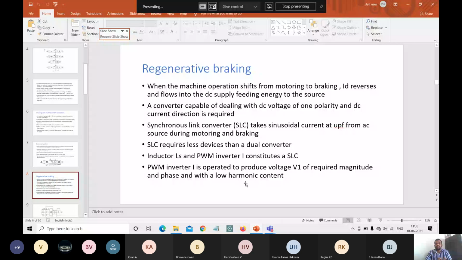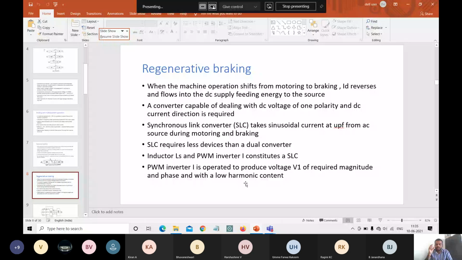Okay, during this performance, the SLC requires fewer devices compared to a dual converter.